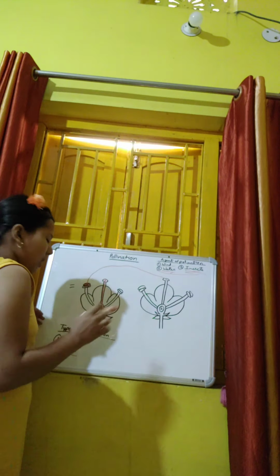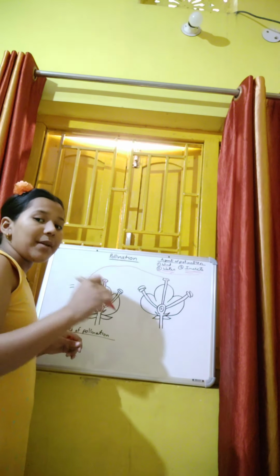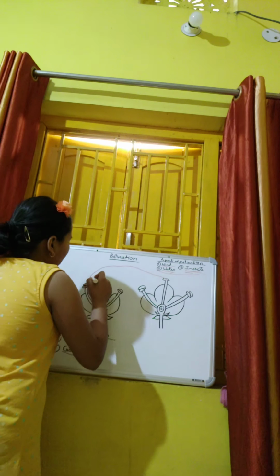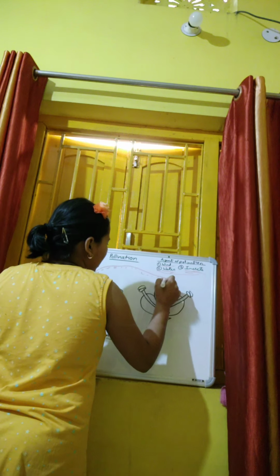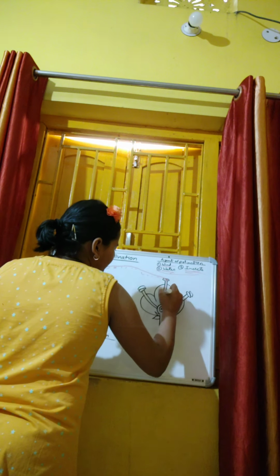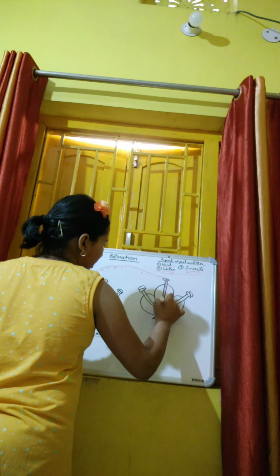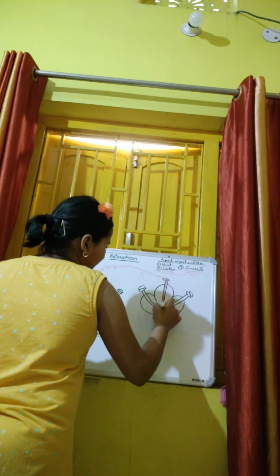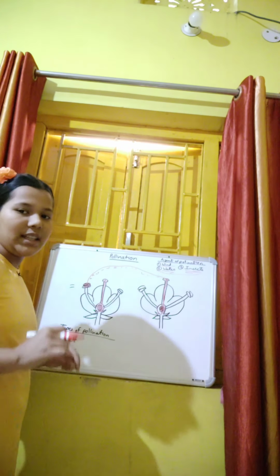But in self-pollination, it is either the same flower or another flower on the same plant. Okay, so the pollen grains will go and just stick here. Now they will make a tube, reach the ovules, and then reproduction, seed and fruiting. So this is the process of pollination.